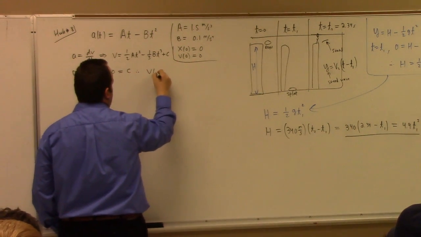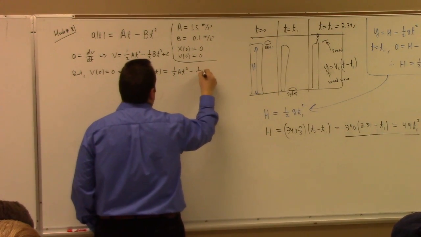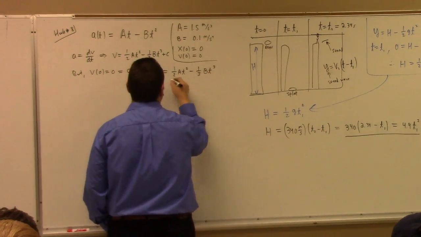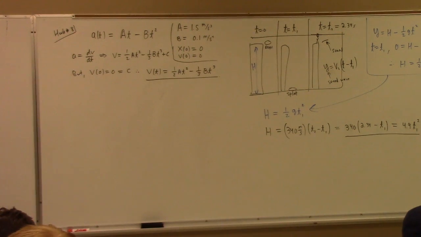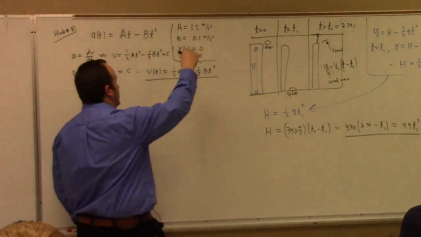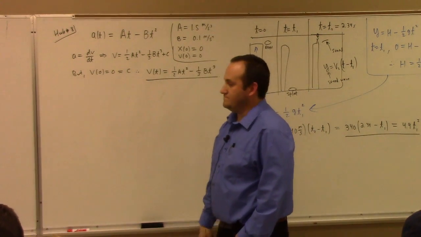So therefore, v at time t is indeed 1/2 at squared minus 1/3 bt cubed. I really prefer to give it that way on the test, because if I give you numbers for A and B, it just clutters it, right? So of course, to actually find the answer that WebAssign wants, you've got to put this 1.5 into here and this 0.1 into there and so forth.